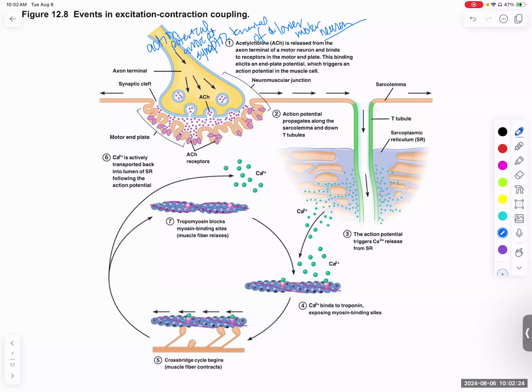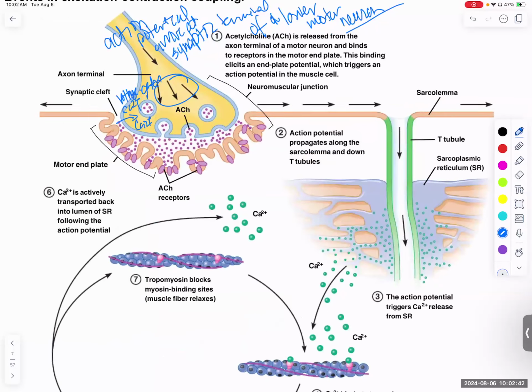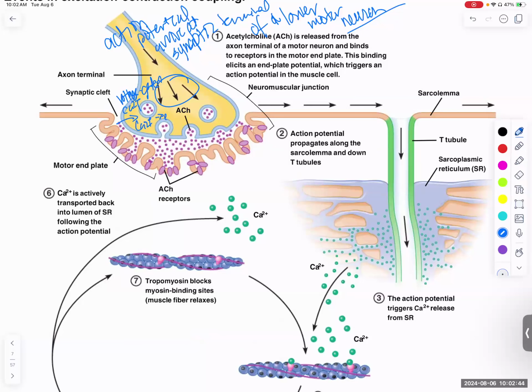So the action potential arrives, and remember, voltage gated calcium channels will open and calcium comes in, right? Change of voltage, action potential, opens voltage gated calcium channels, calcium comes in, and then causes exocytosis of acetylcholine, which is the neurotransmitter. These are these little purple circles.